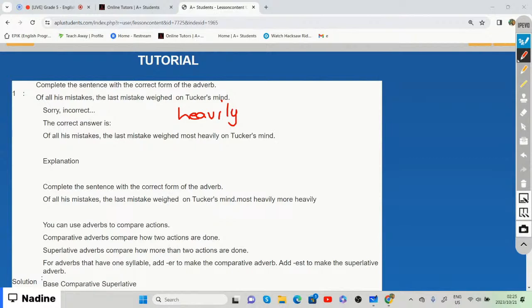All right, so when it comes to heavily, with more than one syllable, it means that for our comparative adverb, we're going to add more heavily. And for our superlative adverb, we're going to add most heavily.